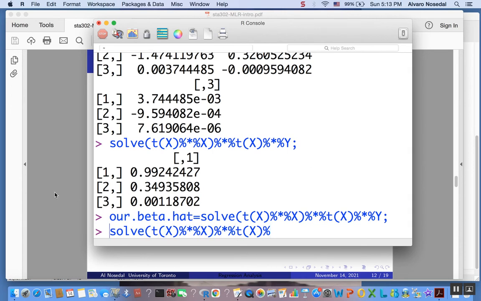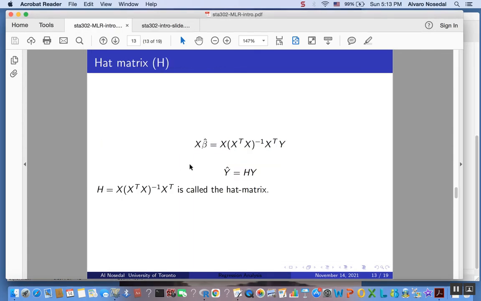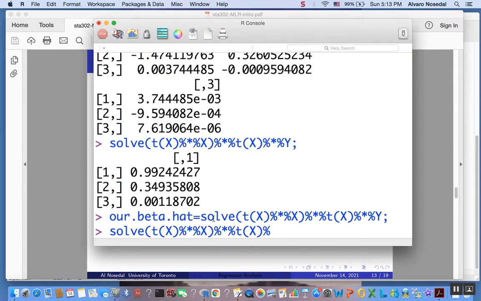So we know that the H matrix, it's here. It's this guy, X times X transpose X inverse X transpose, this chunk here. So let me recycle what we had to obtain beta hat. The only thing that I need to get H is pre-multiply by X, and then I'll have my matrix H, right?